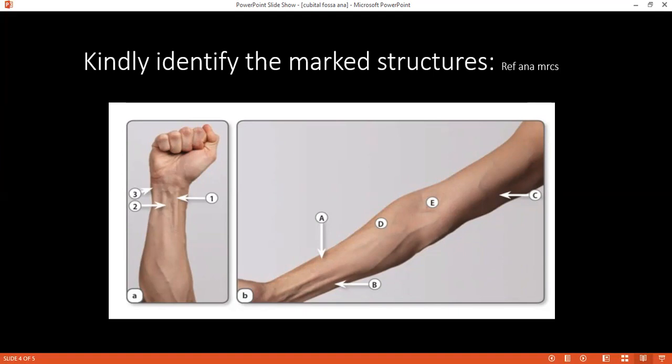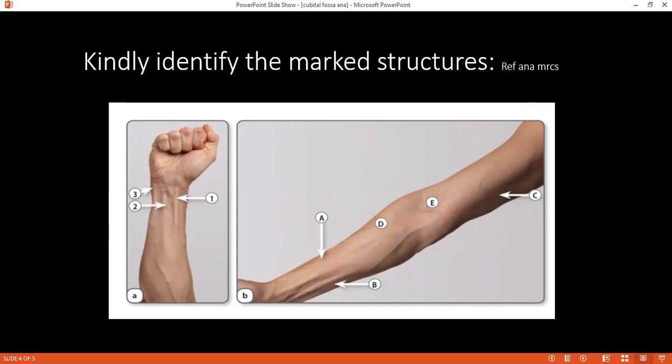Can you tell me how the flexor retinaculum is formed and its attachments? If you can get image A, please.